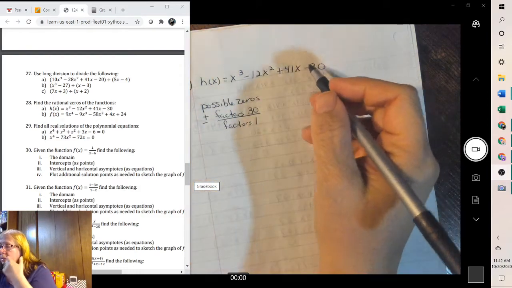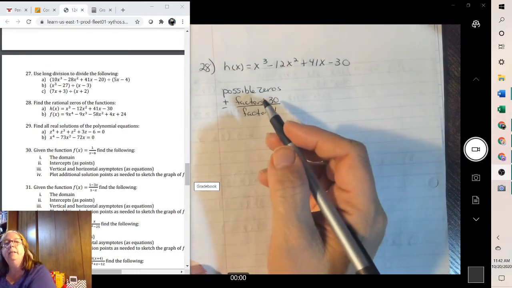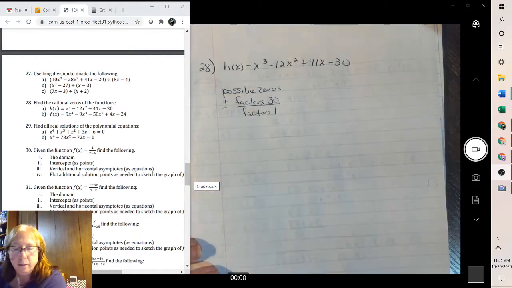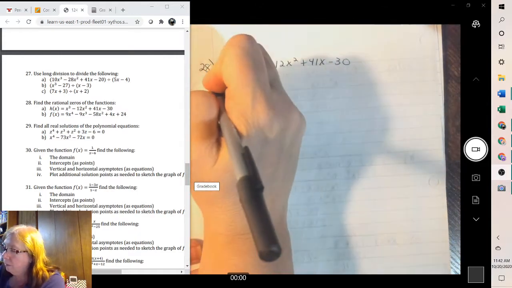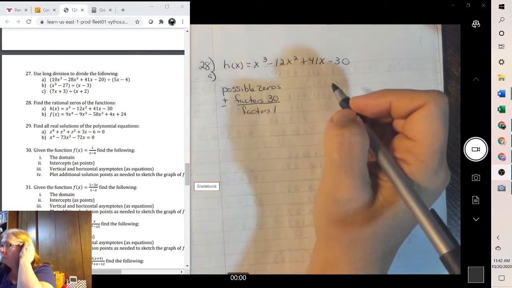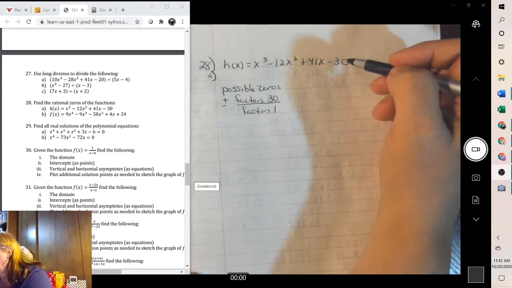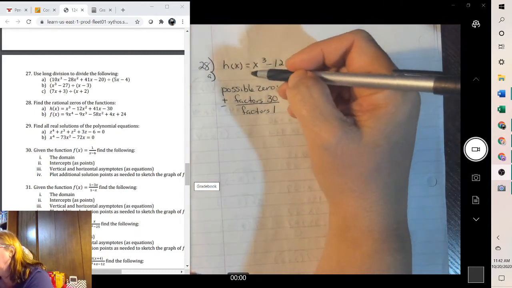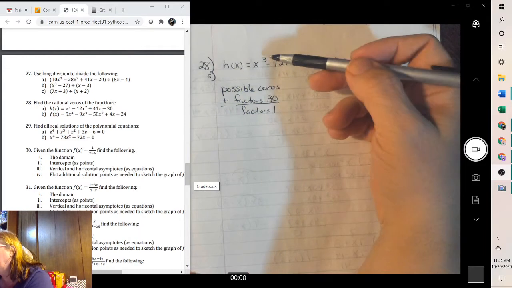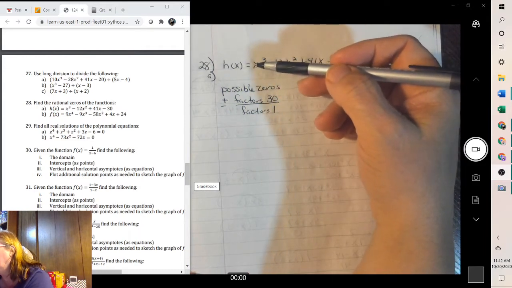We don't worry about the sign because we're going to take the positive and negative value. This is A. So we take the constant on top and the leading term on the bottom. The highest degree is 3, so the leading term is 1.